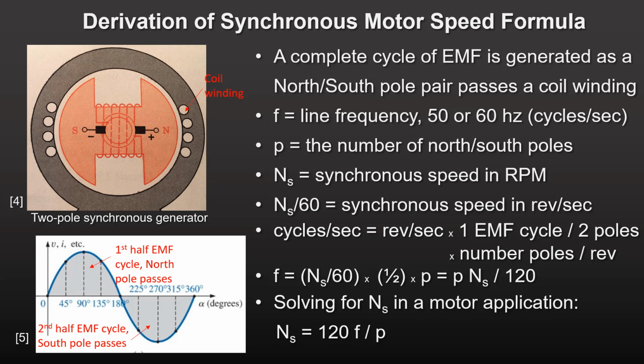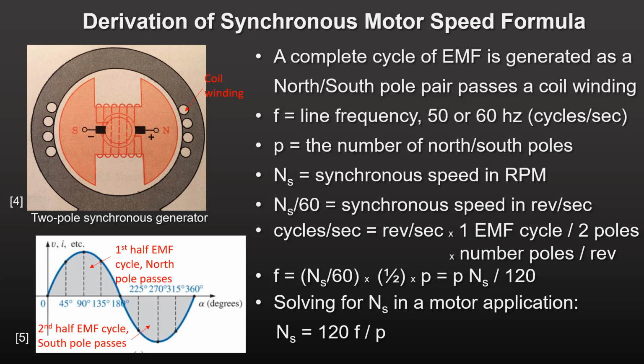Referring now to the graph in the lower left corner, in the first half of an EMF cycle, the north pole of the rotor passes a coil winding. In the second half of an EMF cycle, the south pole of the rotor passes a coil winding. Then the number of cycles per second equals the revolutions per second times 1 EMF cycle per 2 poles times the number of poles per revolution.